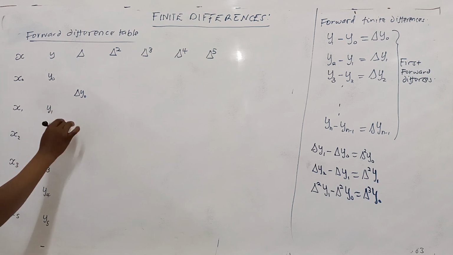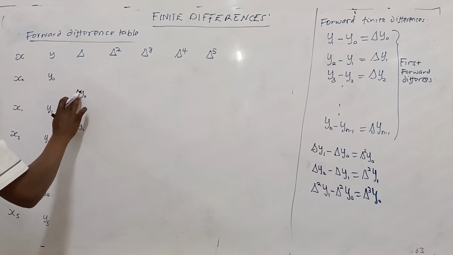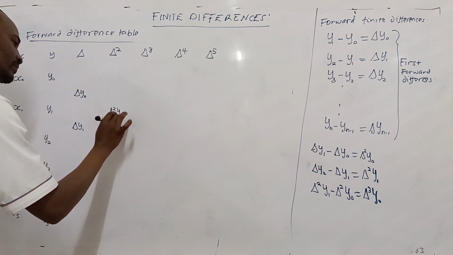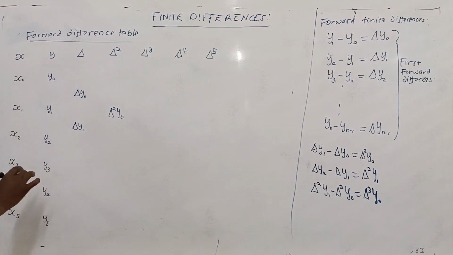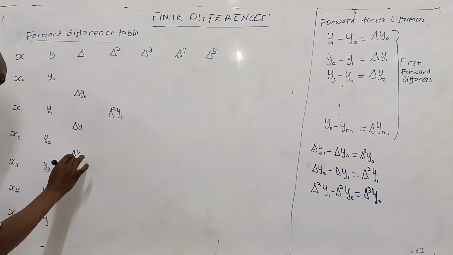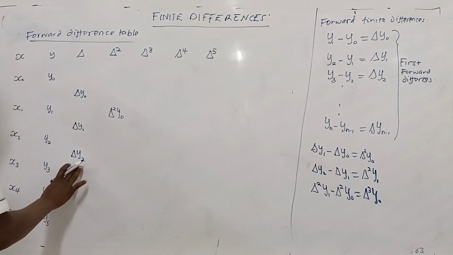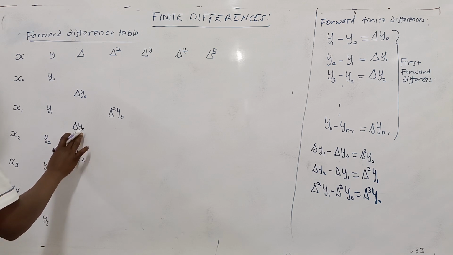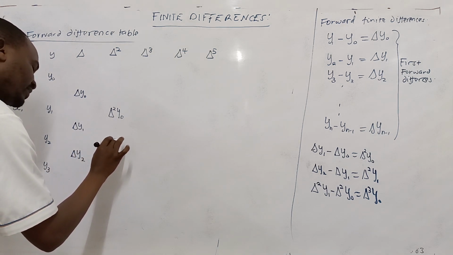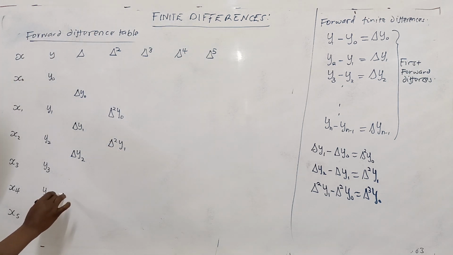We take y1 minus y0, the first forward difference of y0. y2 minus y1 is the first forward difference of y1. The first forward difference of y1 minus the first forward difference of y0 is the second forward difference of y0. y3 minus y2 is the first forward difference of y2. The first forward difference of y2 minus the first forward difference of y1 is the second forward difference of y1. And then you continue like that.